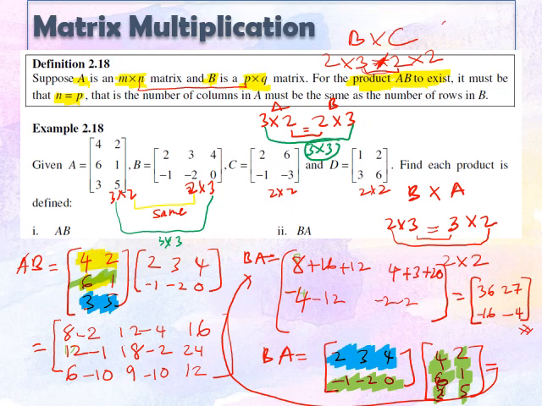So B times C cannot be obtained. You must remember the critical part of matrix multiplication: n must be equal to P. The number of columns of the first matrix must be the same as the number of rows in the second matrix.